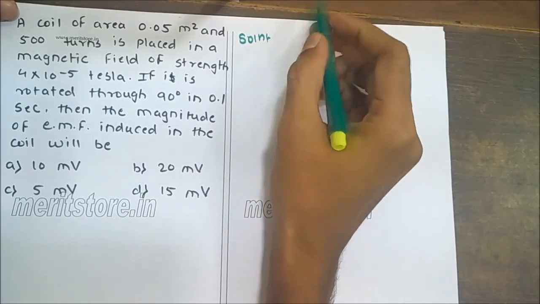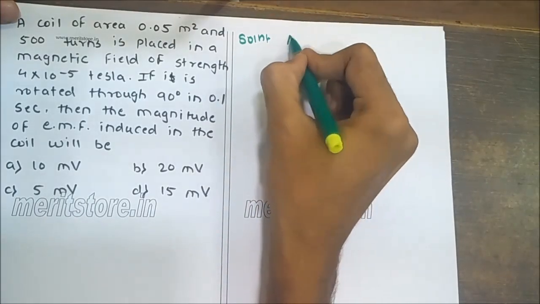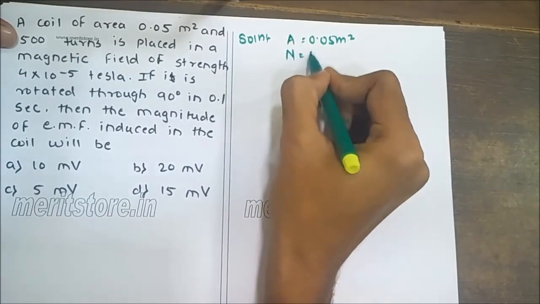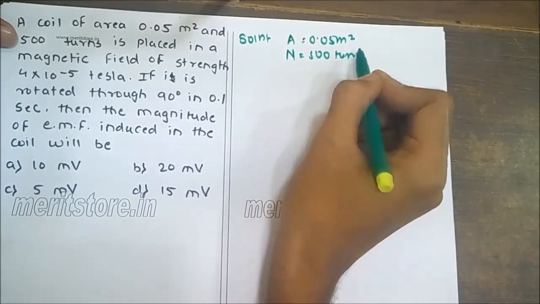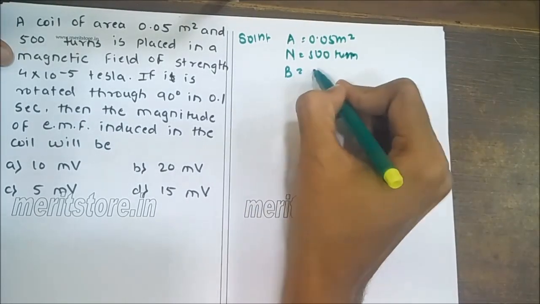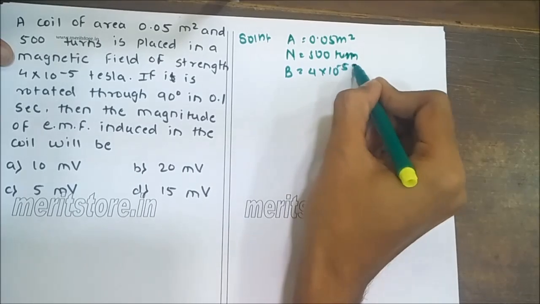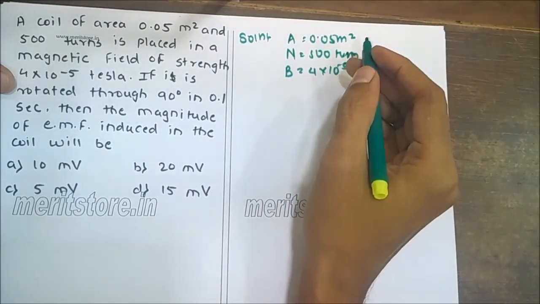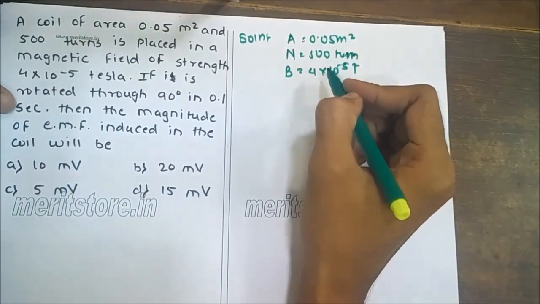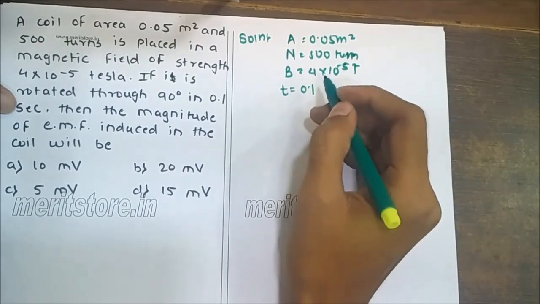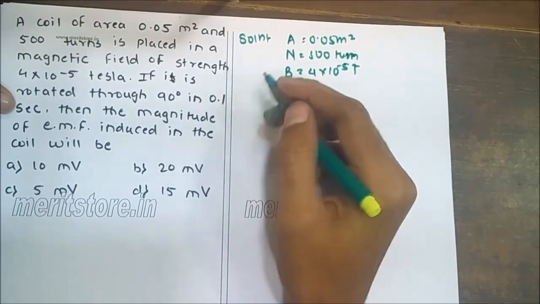Here we have been given the area, that is 0.05 meter square, and the number of turns is 500, placed in the magnetic field of strength B, that is 4 into 10 raised to minus 5 Tesla. The coil is rotated through 90 degree in 0.1 seconds.